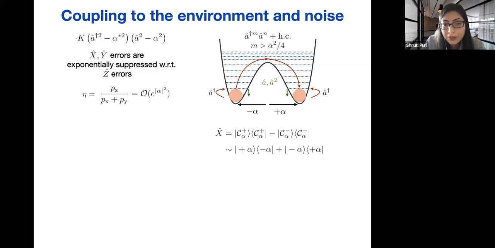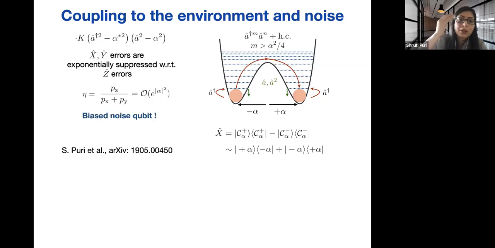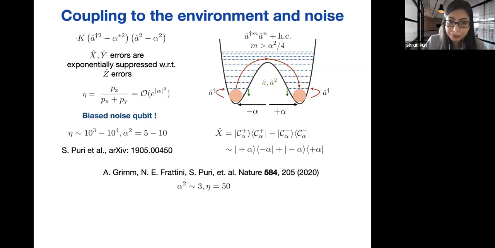In fact, we have done more detailed analysis and shown in our paper that indeed this is a biased noise qubit, and the bias increases exponentially with the size of the cat. In a reasonable experimental setup, with reasonable experimental parameters, you can get biases as large as 1,000 for moderately sized cats with photon numbers of 5.